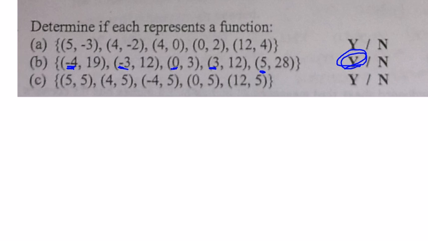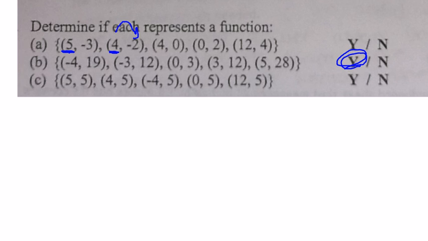If I look at A, 5, I walk through, x value, nope, it's not repeated anywhere, so that's good to go. Now I look at the 4, and this says 4 maps to 2.